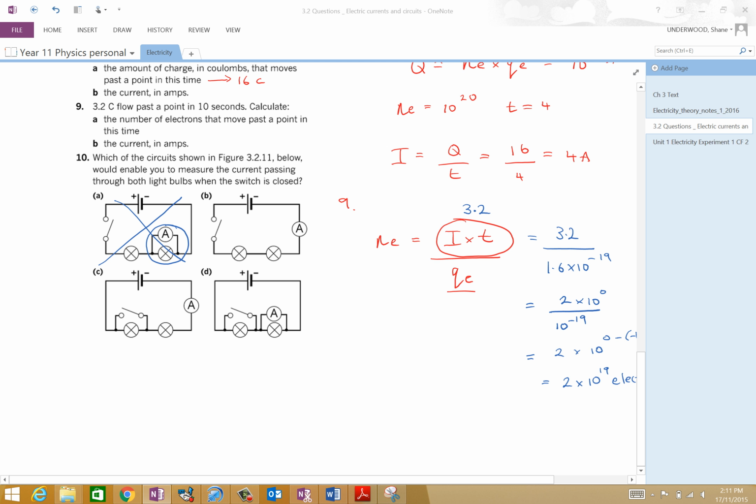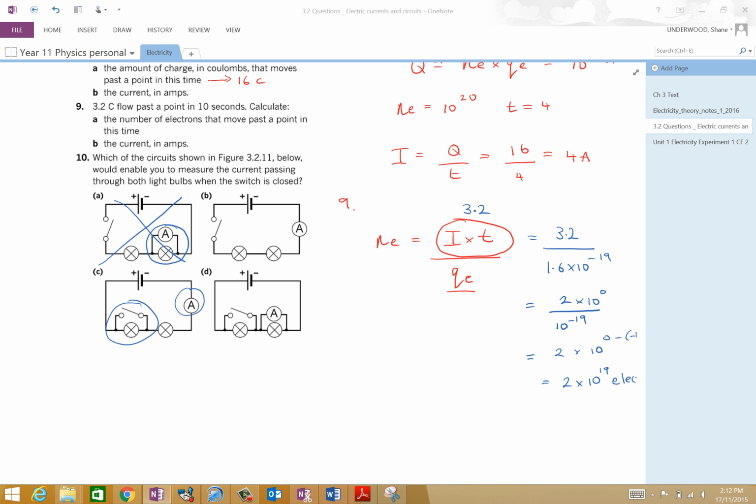So I want you to start thinking about that. What about over here? If I close this switch, what's going to happen? Am I going to be measuring anything? No. Well, the ammeter though, if the switch is closed, this ammeter, which of the circuits, well, you have to read the question carefully, would enable you to measure the current passing through both light bulbs?